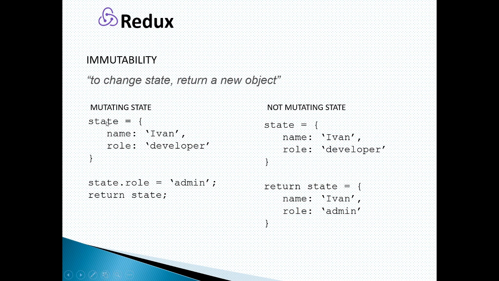This is mutating state, and this is not mutating state. With mutable state, if we have a state with name Ivan and role developer, and we set state.role to admin, now the state will contain name Ivan and role admin. So we have mutated the role. In the immutable case, if the current state is Ivan with role developer, we return a new state where the name is Ivan and the role is admin.